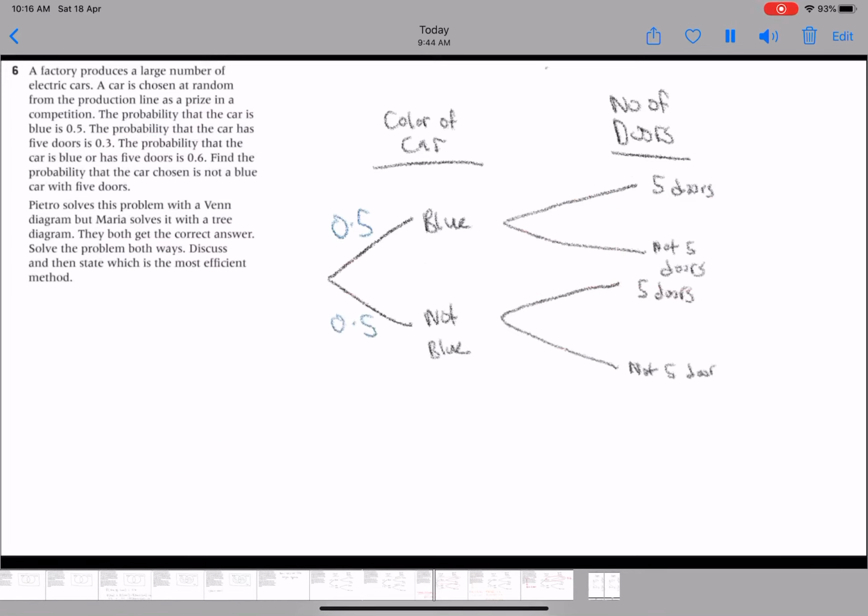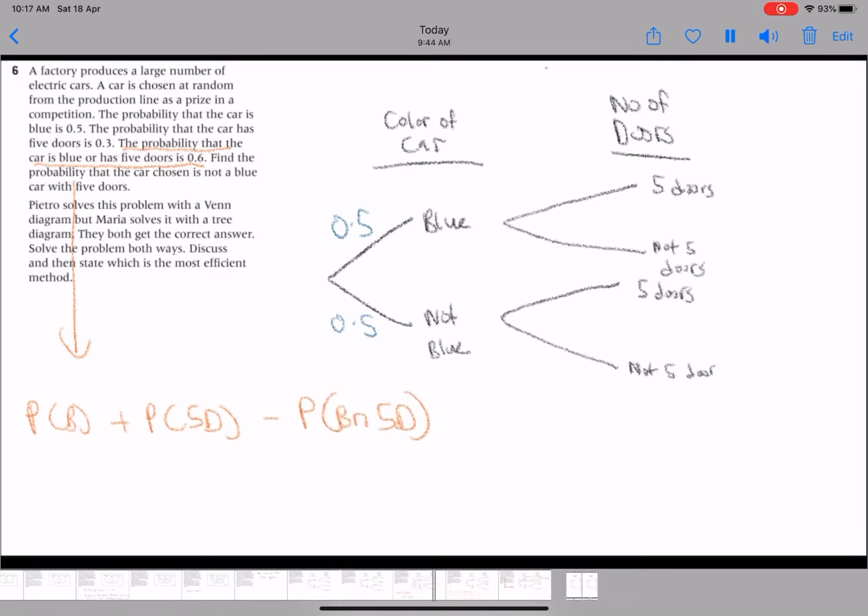So what can we do? We can't seem to fill any numbers for the remaining branches. Let's look at the remaining information. The probability that the car is blue or has 5 doors. Just now we already interpreted this. It's the probability of blue plus the probability of 5 doors minus the probability of blue and 5 doors, equals 0.6. We know the numbers 0.5, 0.3.